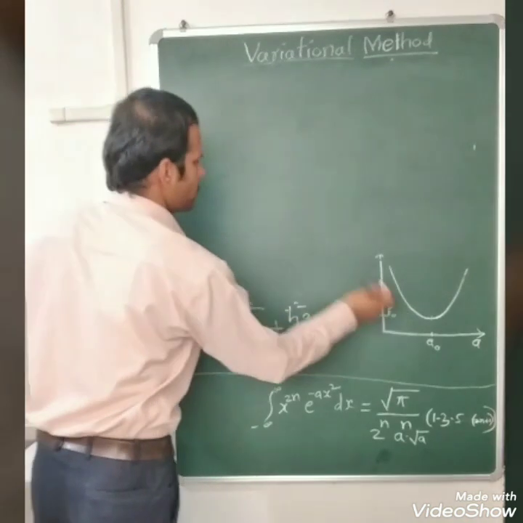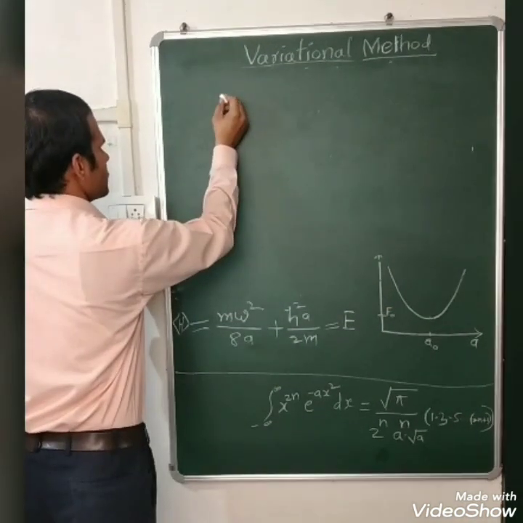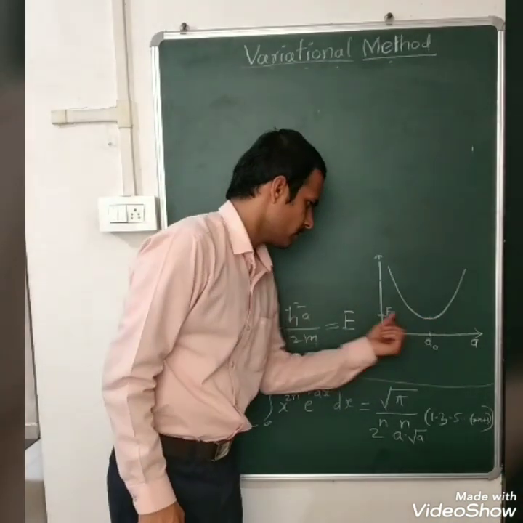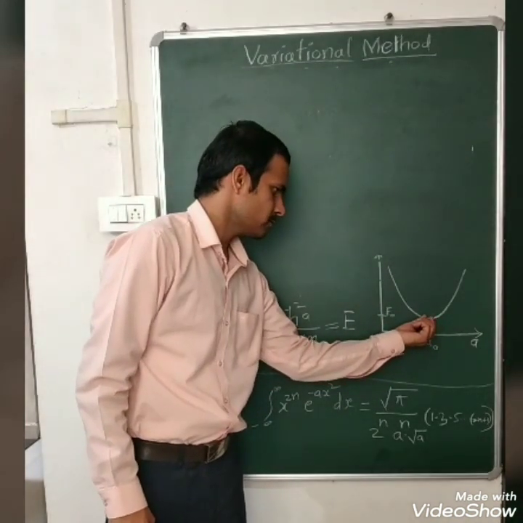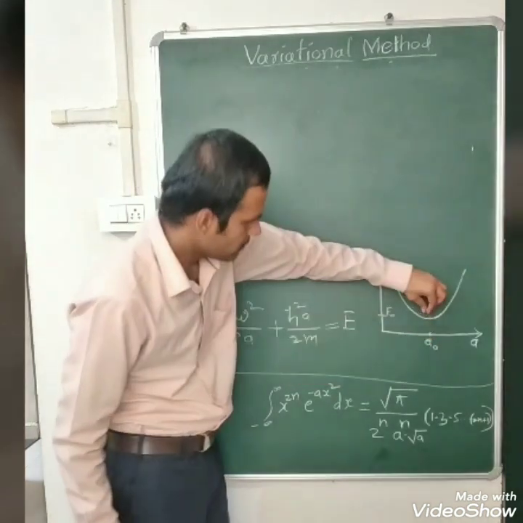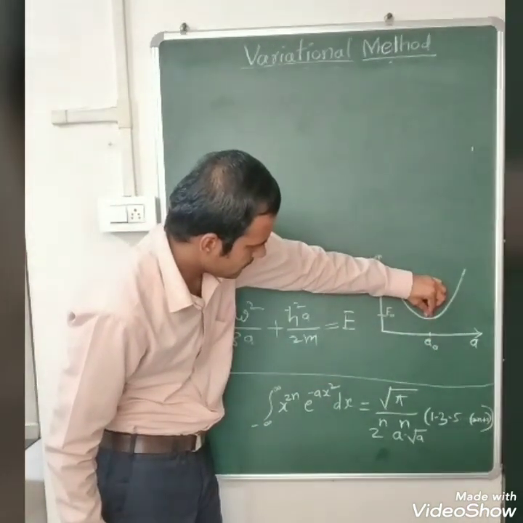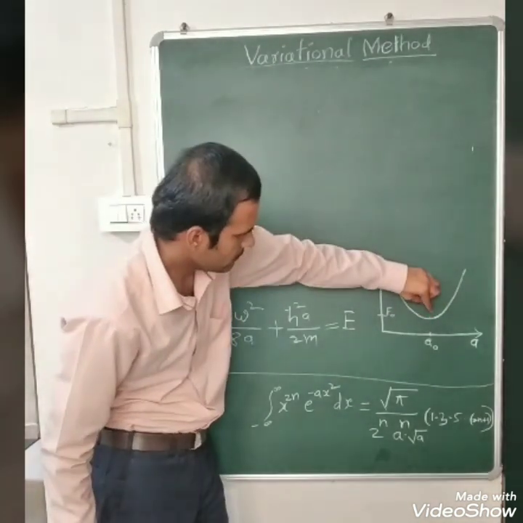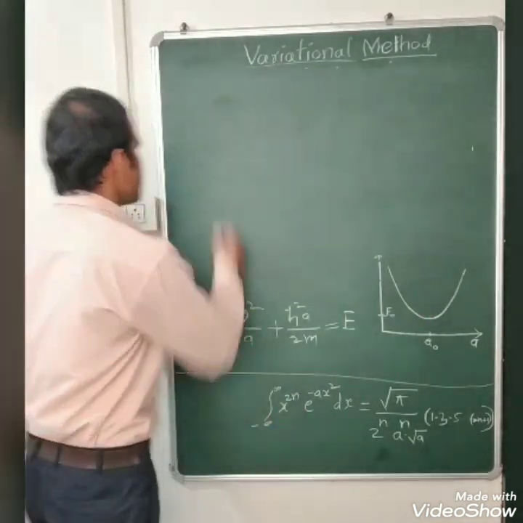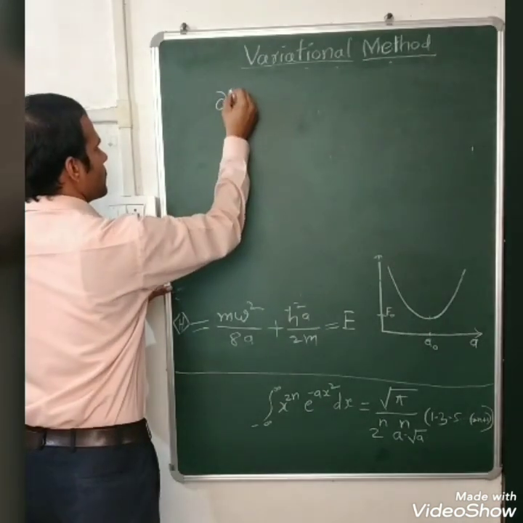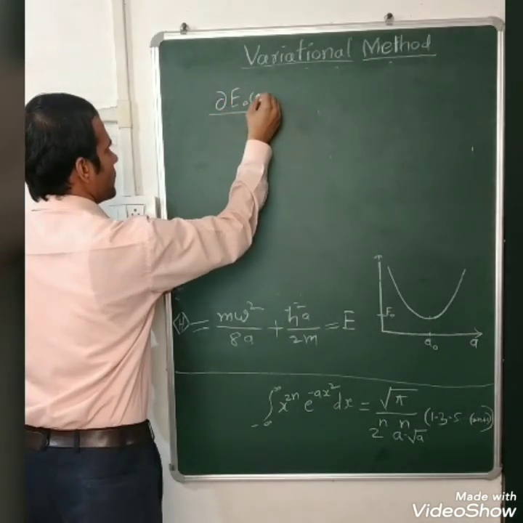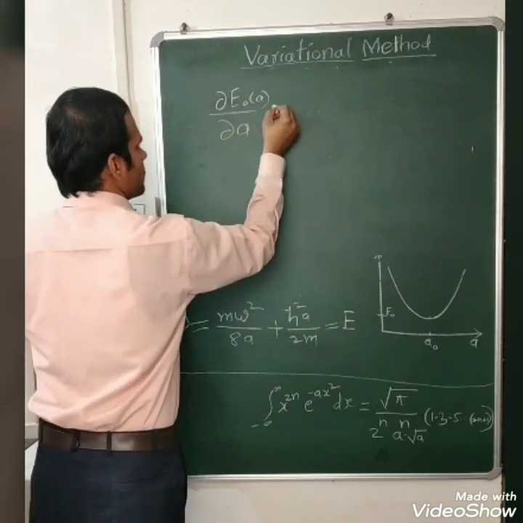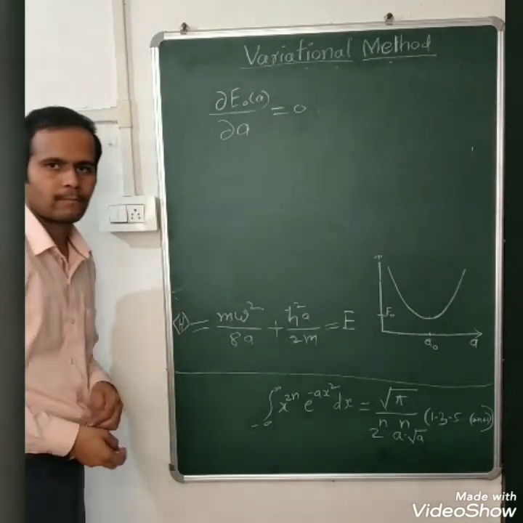At the minimum of E, the energy becomes constant with respect to dA, so we can write ∂E/∂A equals 0.